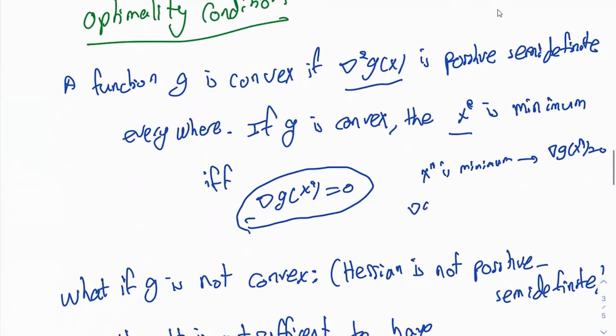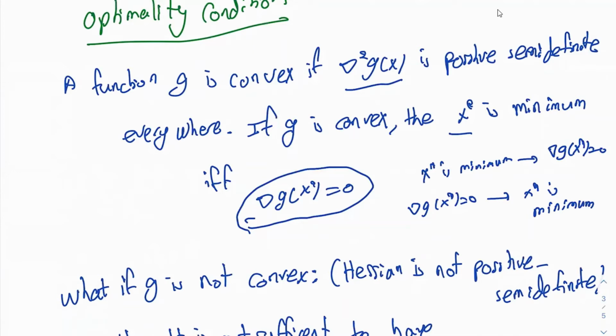And if the gradient of g of x star is 0, then x star is a minimum. This is quite important because this is not necessarily the case for non-convex functions. We're going to see that in a minute, right? So remember this one.